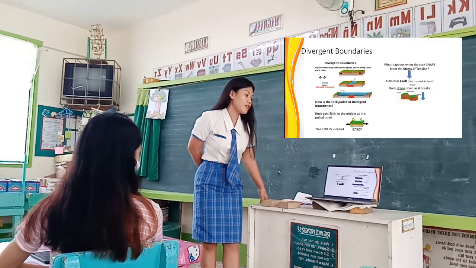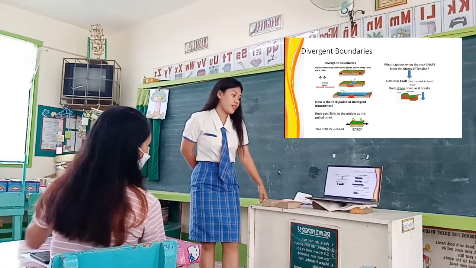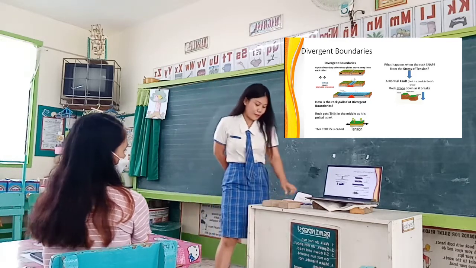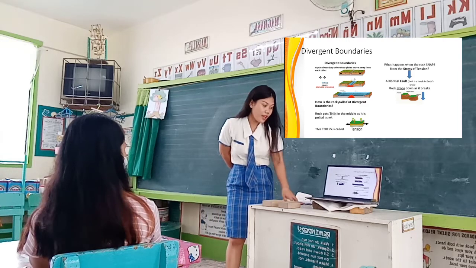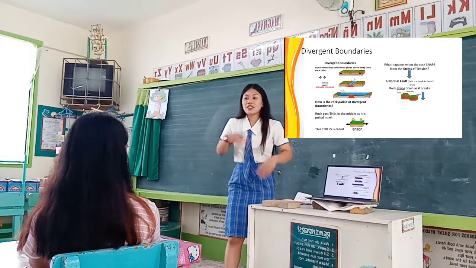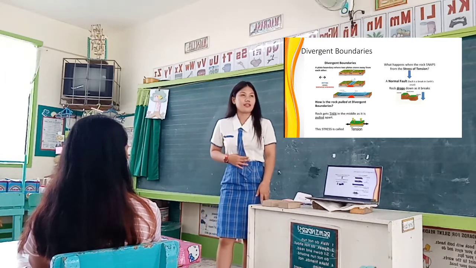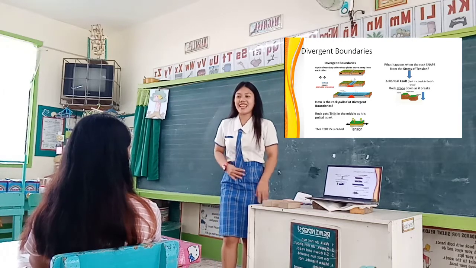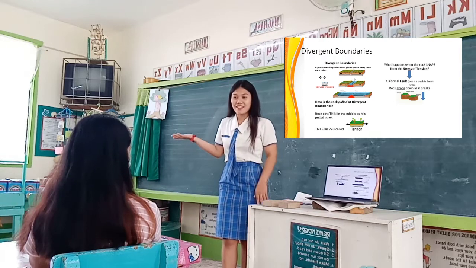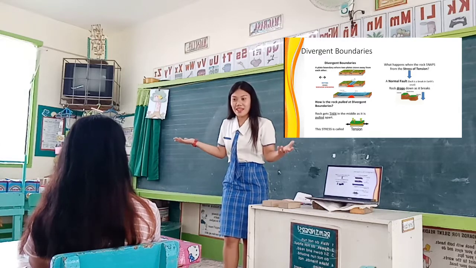How are rocks put at the divergent boundaries? Rocks get thin in the middle as they are pulled apart, and the stress is called tension. To picture it for you to understand, imagine you have two friends. One wants to go hiking in the mountain, and the other wants to go swimming in the ocean.